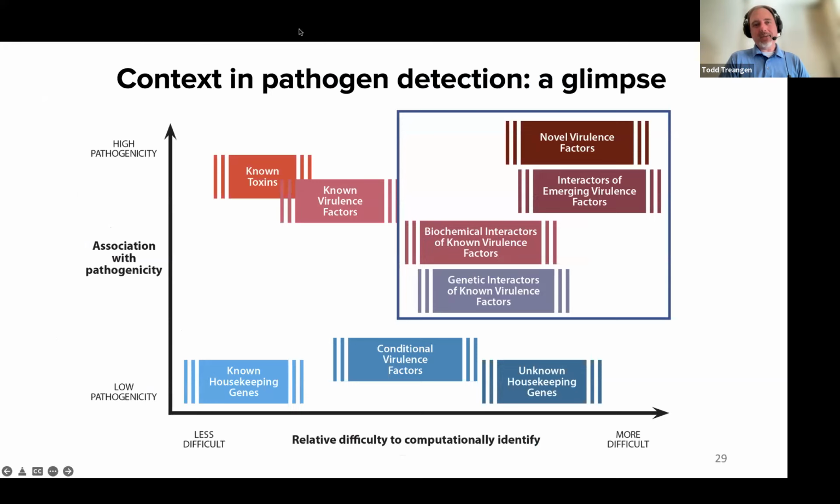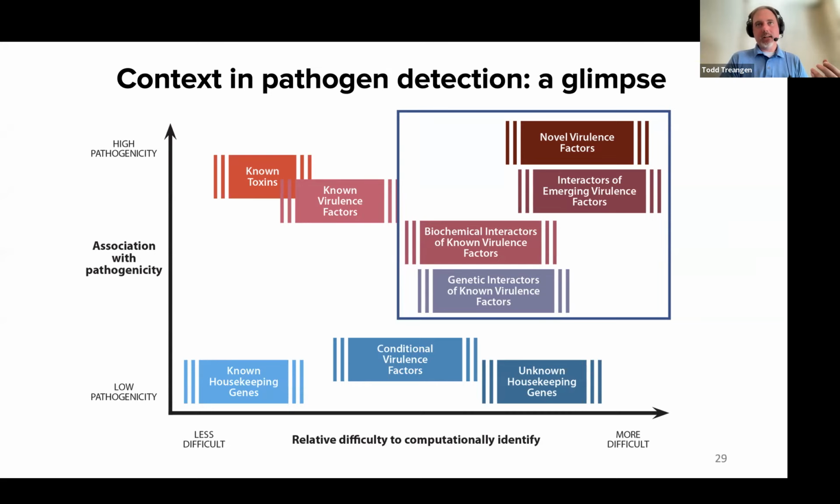Okay, so getting back into the paper, a glimpse again, this is from the paper I just shared, is really what makes this problem kind of challenging, when we get more into the unknown. On the x-axis, you're going from less difficult to more difficult, and on the y-axis, you're going from low pathogenicity to high pathogenicity. What really gets hard is when you're going from known to unknown. This is an open challenge.